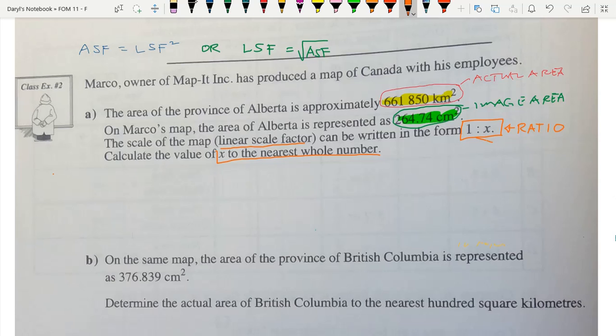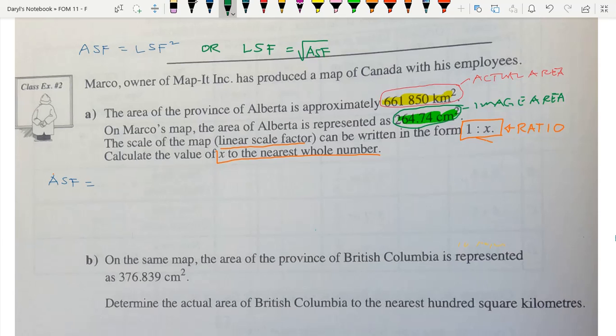So if you have noticed, we're given the actual area and the image area, but we're going to solve the value of x in your linear scale factor. So based on the things that we have, we can get the area scale factor, because if you can see, we're given the image and the actual areas.